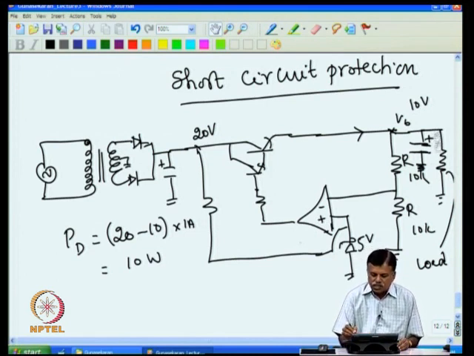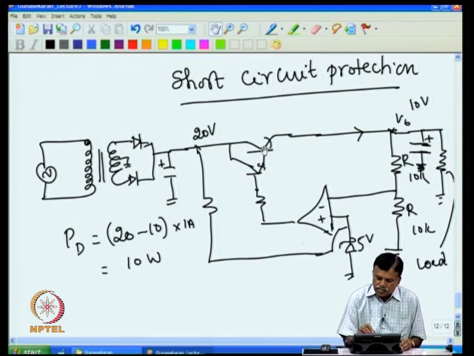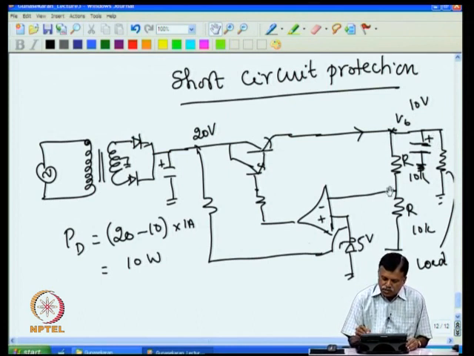This is because if this becomes 0 and this is 5, the output of the op-amp immediately goes very high and tries to raise a high current, and since the output is 0 and the current is flowing through this, you get an enormously high wattage of dissipation here, and this transistor goes bad.